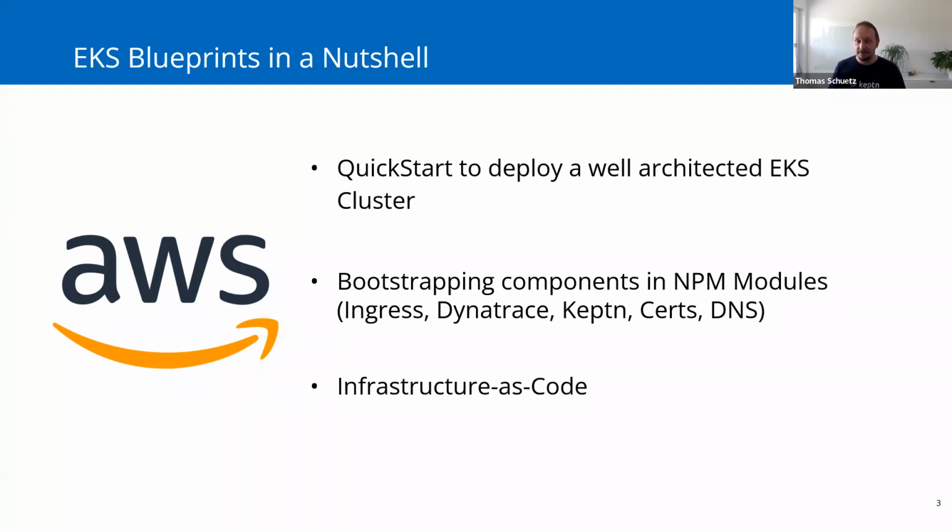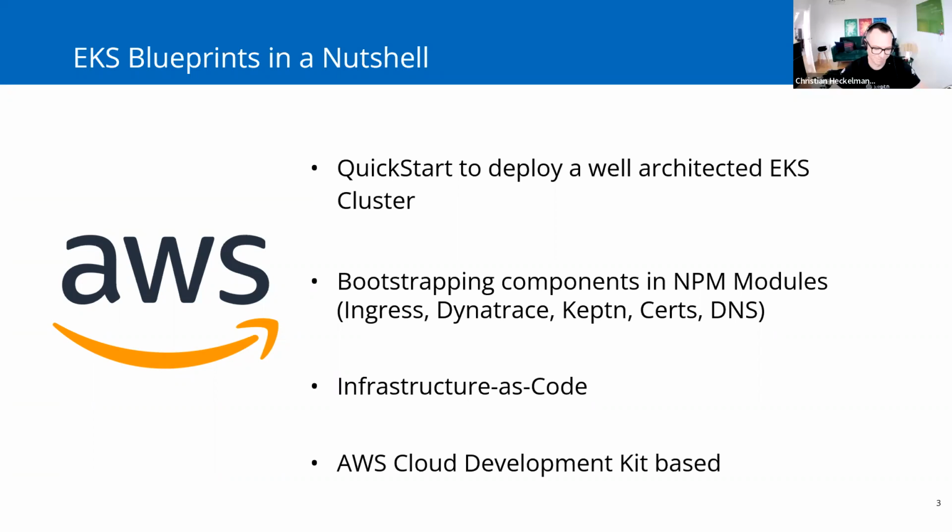Yes, it's infrastructure as code, so you can specify everything in infrastructure and also do version controlling and use it in your CI pipelines. And last but not least, it is AWS CDK based. So if you can write TypeScript, you can use EKS Blueprints.